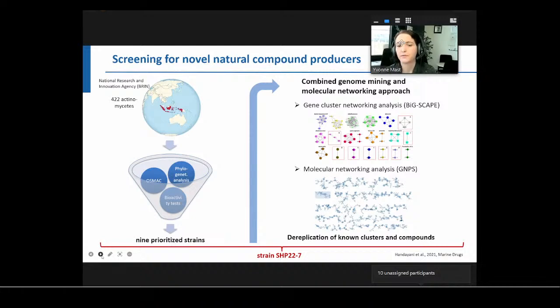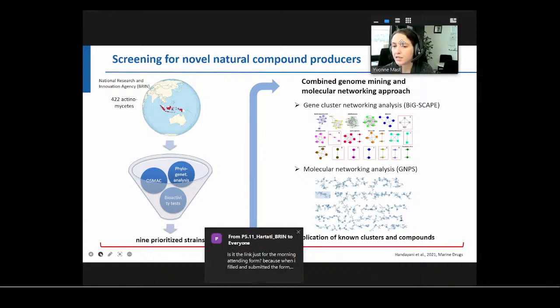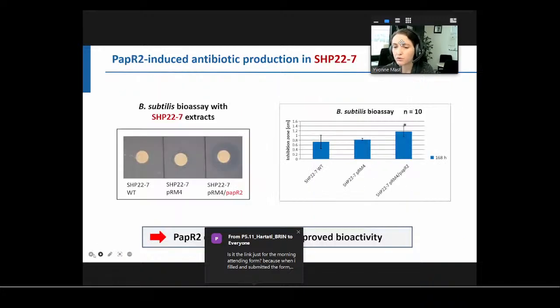Nine strains were of most interest, and from these we isolated the genomic DNA, did genome sequencing, and then performed a combined genome mining and molecular networking approach. I think this was what Ira mentioned some hours ago in her talk. We did this for dereplication purposes and to focus on the most unique gene clusters that encode potentially unique substances.